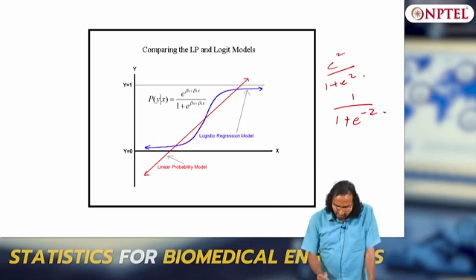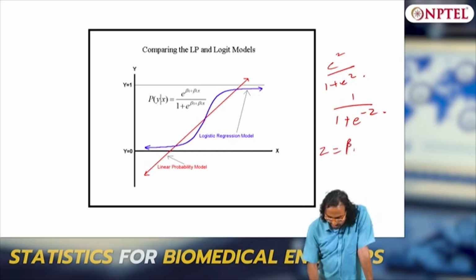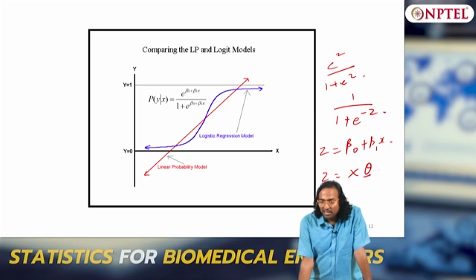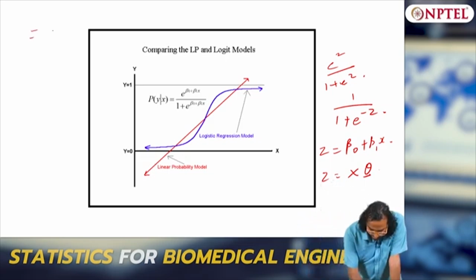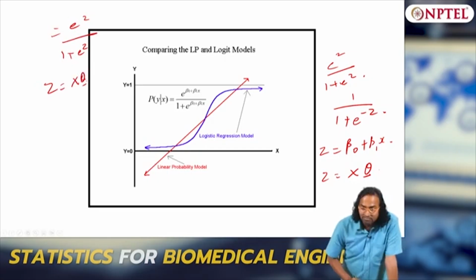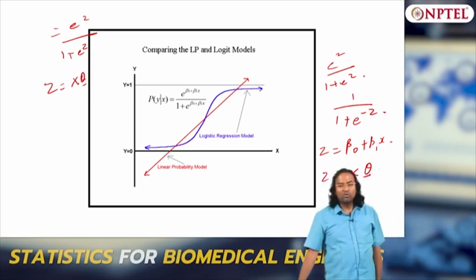This z could be a linear function of parameters, so z could be beta naught plus beta 1 x, or in matrix vector notation, my sigmoidal function is e power z by 1 plus e power z, where z equals x times theta. So this is what I am going to fit.